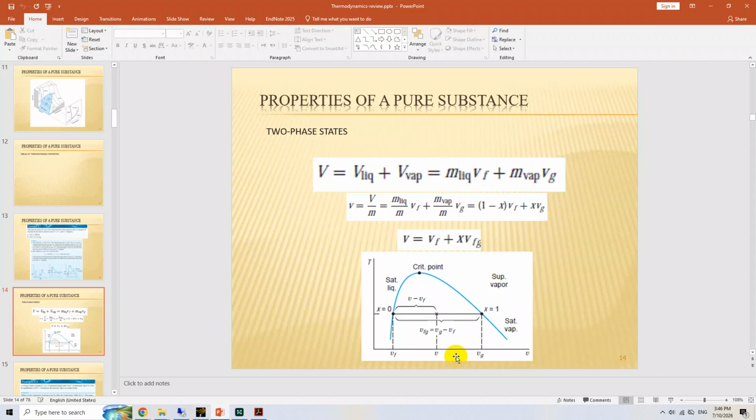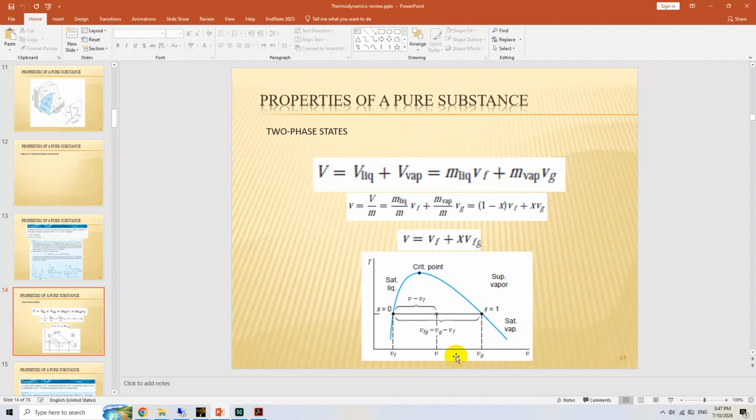Volume of liquid is the mass of the liquid times the specific volume of water at the same temperature, plus the mass of the vapor times the specific volume of vapor.